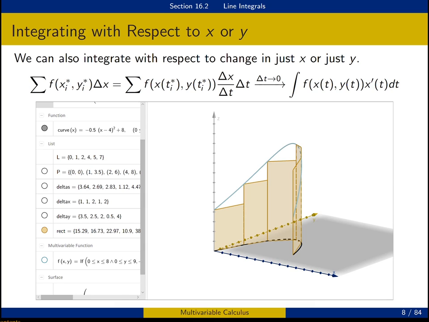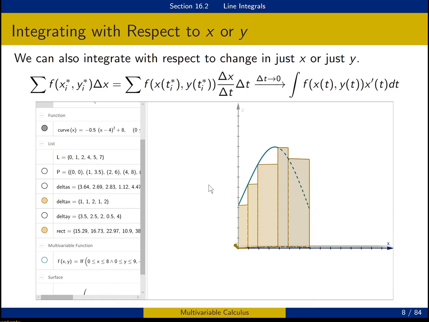What is this actually measuring? Well, it's not terribly geometrically relevant. But in this case, instead of thinking about the full length at the bottom of these rectangles, we're thinking only about the x component of that length. If we want to see the x component of that length visually, we could rotate our point of view so that we are looking directly down the y-axis.